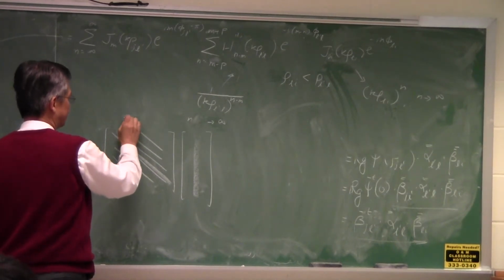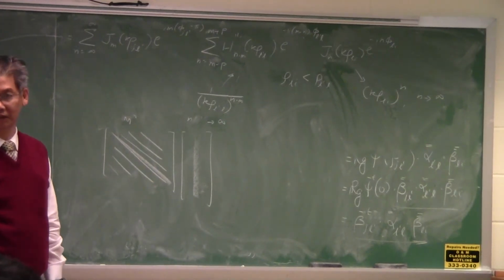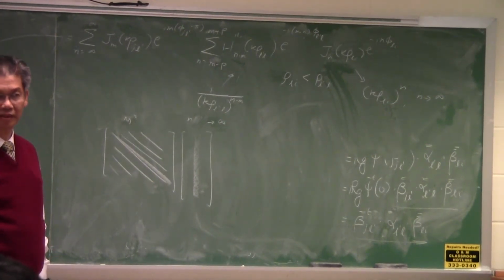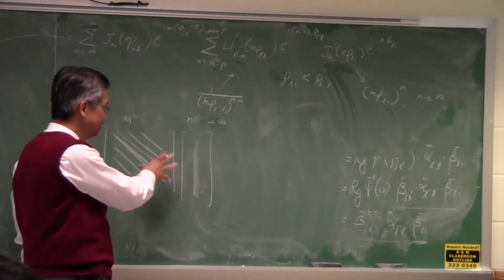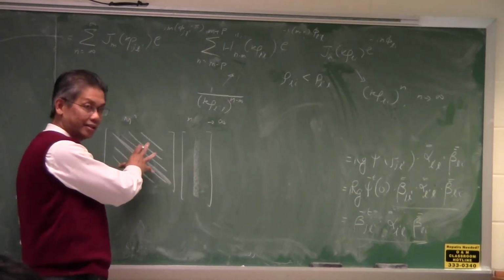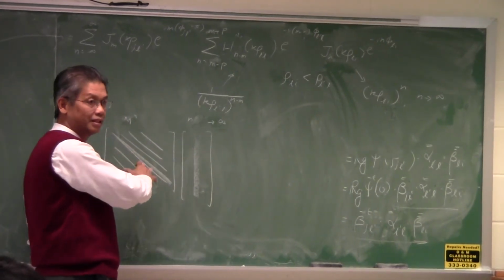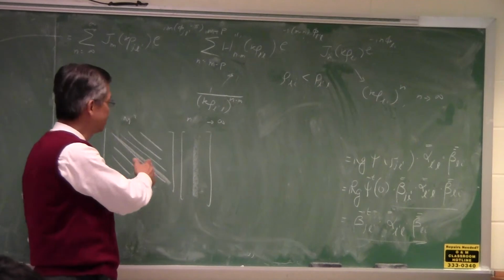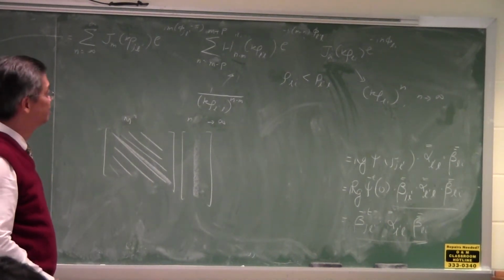If this is m by m, it costs you m squared to do this discrete convolution naively. But if you take this to the Fourier space, this thing becomes a scalar column. So you just multiply the two together. It costs you order m instead of order m squared. Okay.